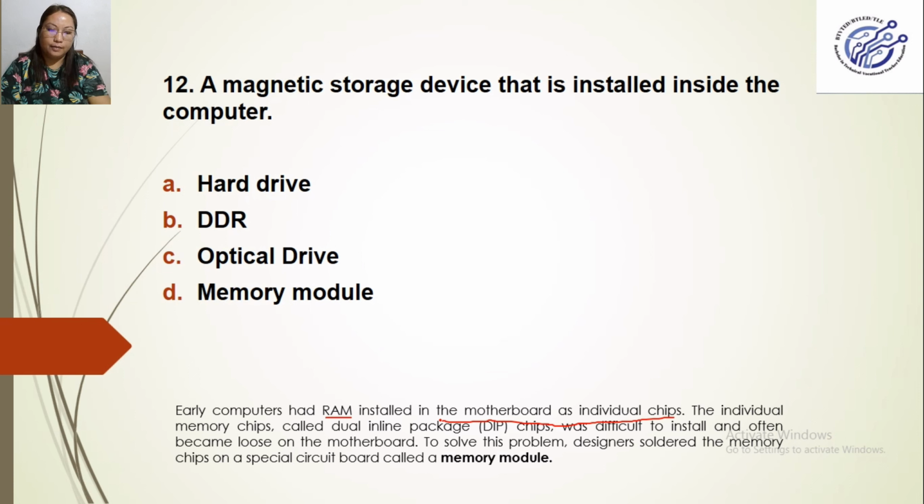So the individual memory chips called dual inline package or DIP chips was difficult to install. So ito daw si RAM ay very difficult daw po siya to install and often become lost on the motherboard. So kadalasan po natatanggal po siya sa ating motherboard. So to solve that problem, sinosoldered po ng ating mga designers ang ating memory chips on a special circuit board called memory module. So yun po yung ating memory module.